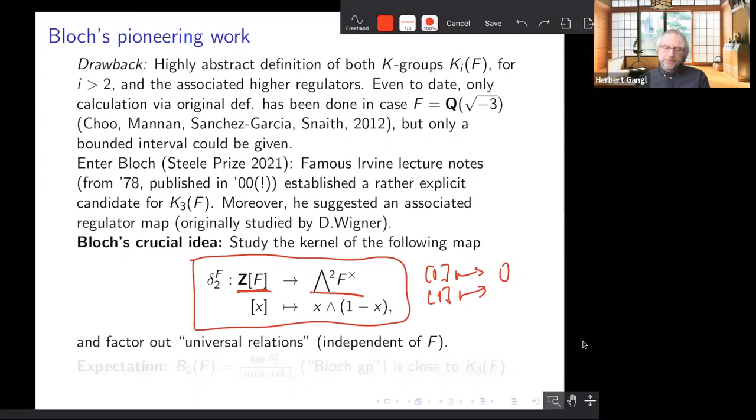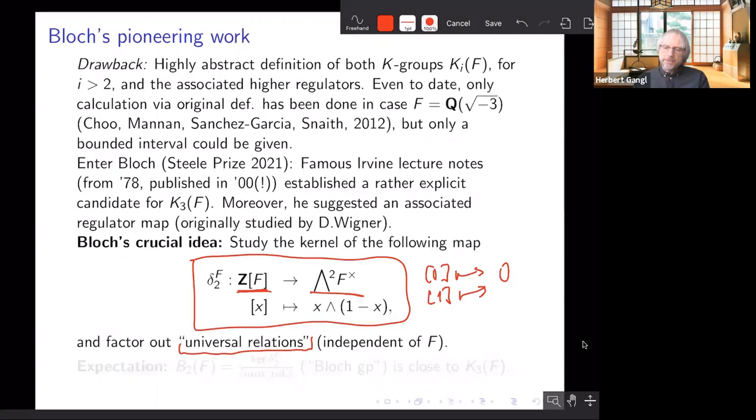So the point is to study this kernel and ignore whatever comes from universal elements in the kernel, which don't really point to anything in F, but come from general phenomena. I'll say a few words about those in a bit.